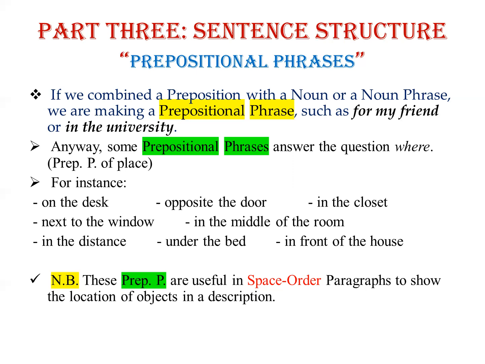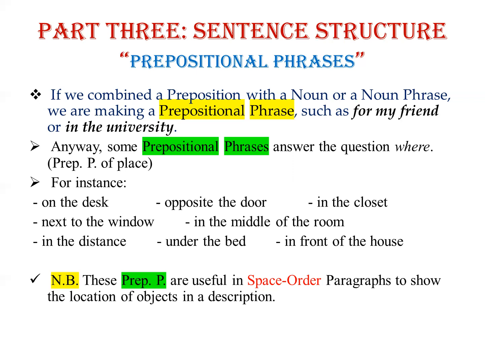So obviously, this kind of prepositional phrases is really important in describing, or in space order paragraphs, because it describes a place. It makes a description. This is what we have focused on in space order paragraphs.